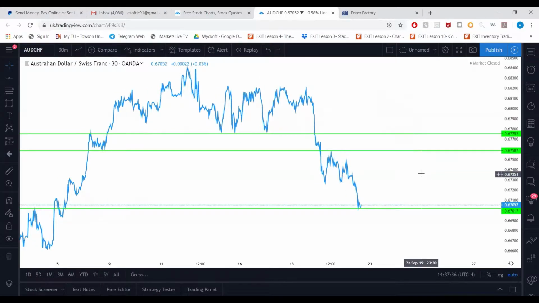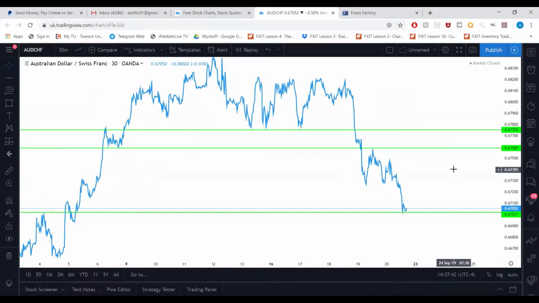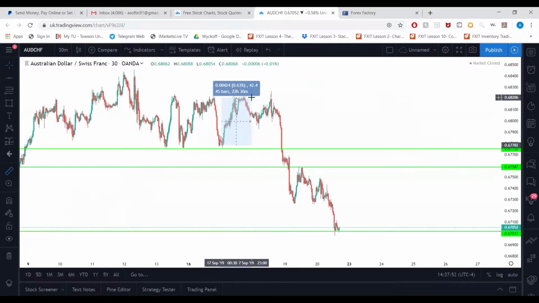So this was a question from iPhone. I don't know the name, but that's your user on Zoom. So let's say you are trading on 30 minutes only, right? You can catch some small moves, right? Let's see here, rejections. That's 40 pips.